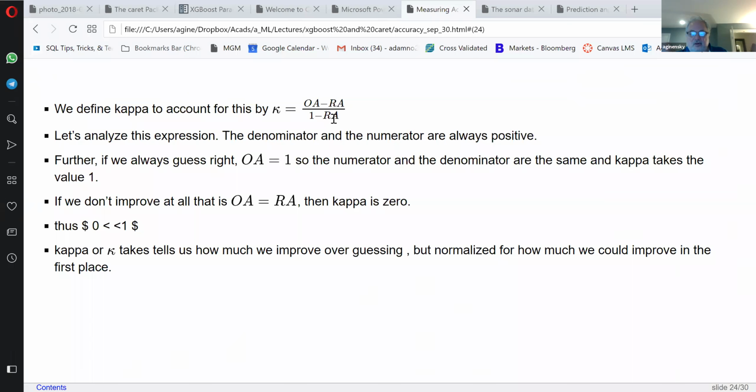No, agreed. I'm talking about the numerator. Oh, why is the observed accuracy always greater than random accuracy? Yeah. Well, this is to my mind like the question Manish was asking. If your model doesn't do better than random accuracy, then you should take the opposite of your model for your model. Right. Right.